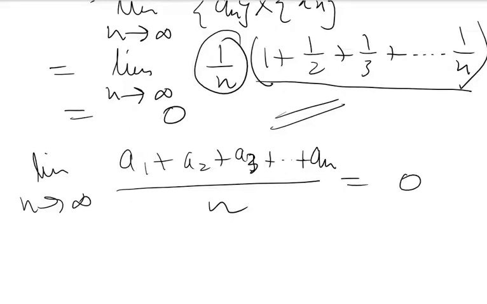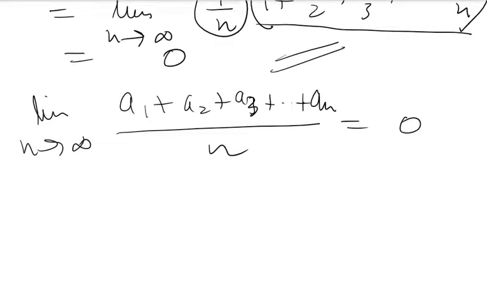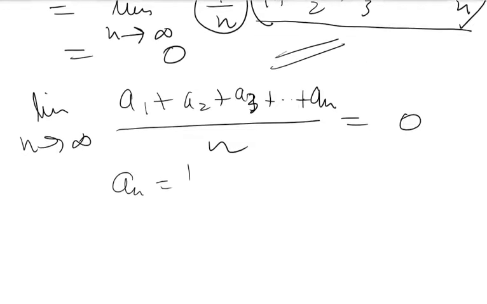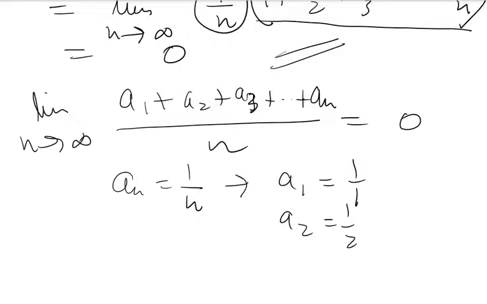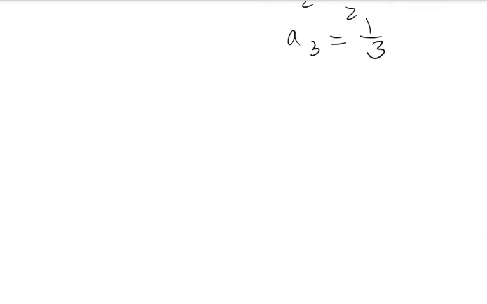You can also write this, because a_n is given as 1 by n. If you have a_1, then you have 1 by 1. If you have a_2, then you have 1 by 2. If you have a_3, then you have 1 by 3. Like that.